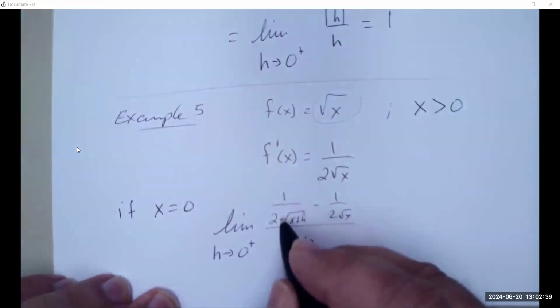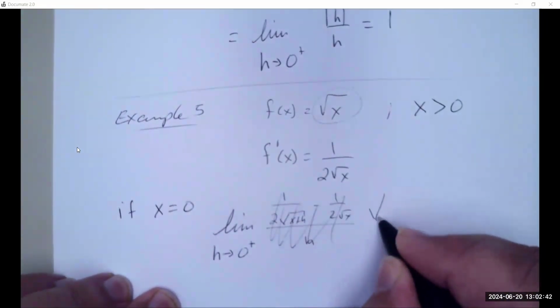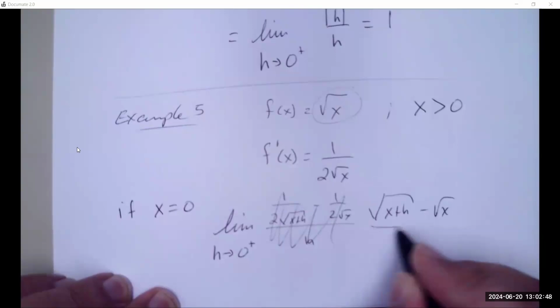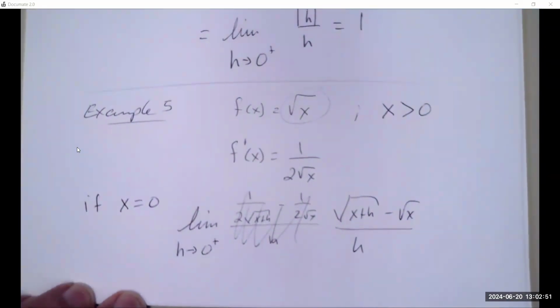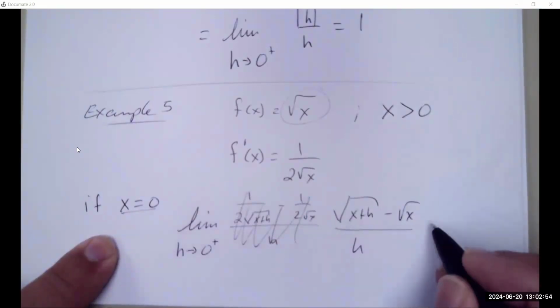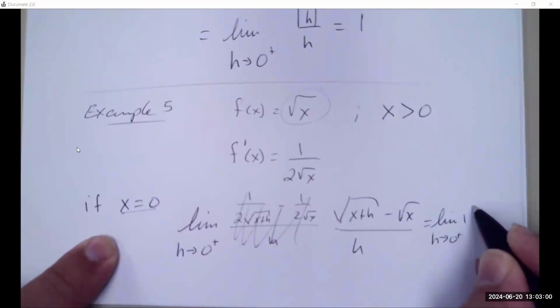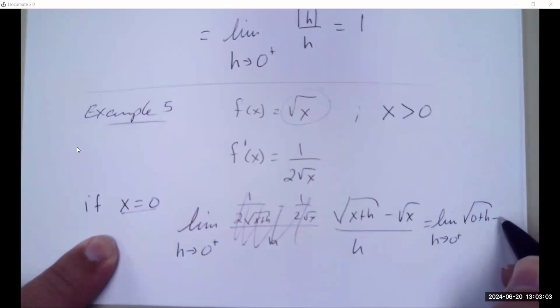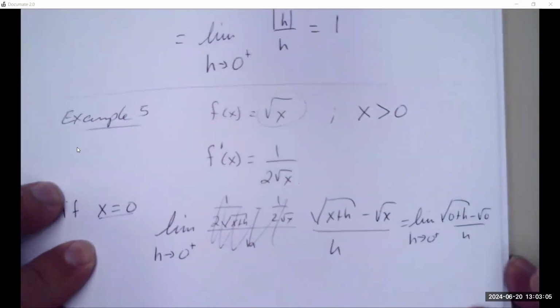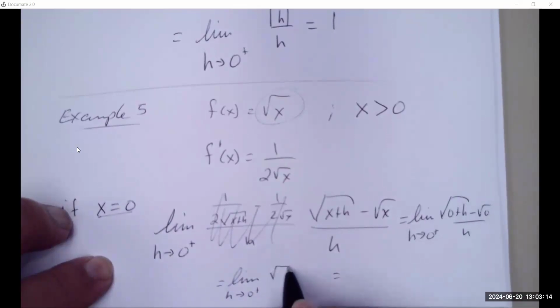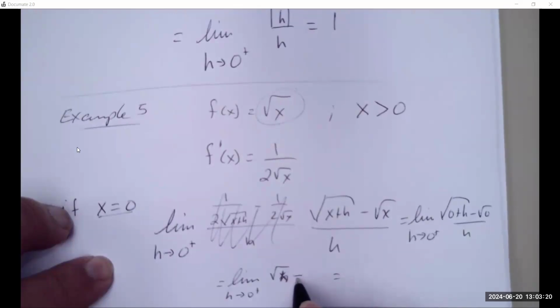We use this function: x plus h minus x over h. Now we're saying that our x value is 0. So it's limit as h goes to 0 from the right of 0 plus h minus 0. The limit as h goes to 0 from the right, absolute value of x or h minus 0, which is gone.